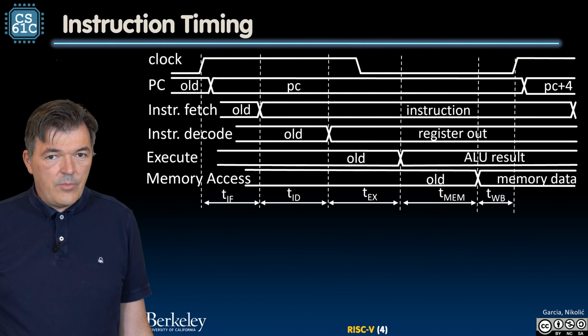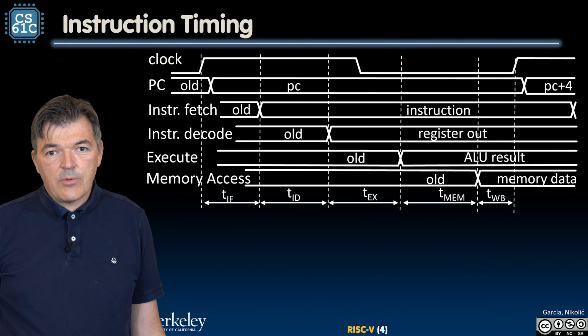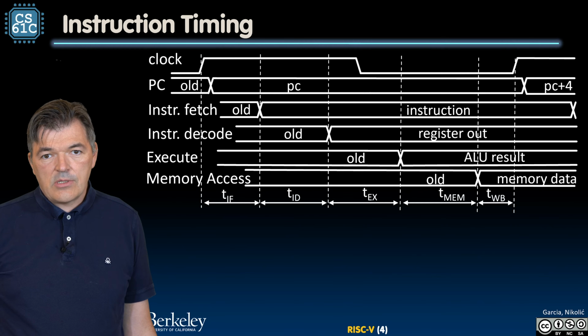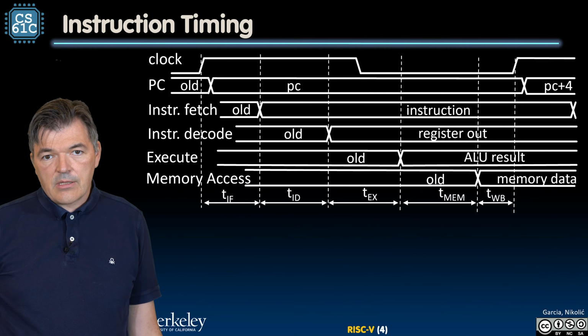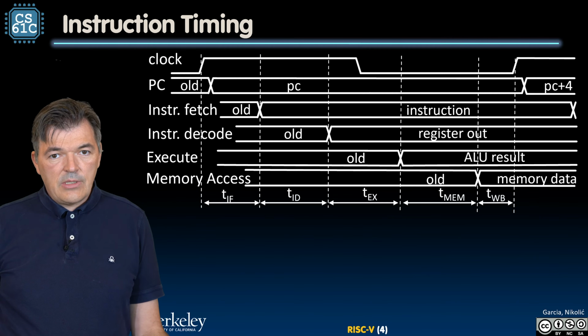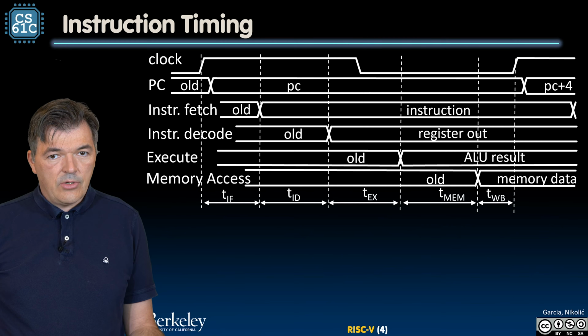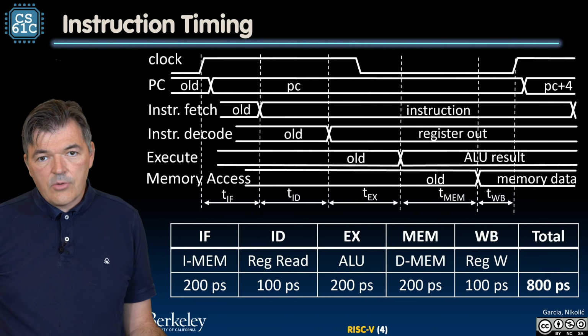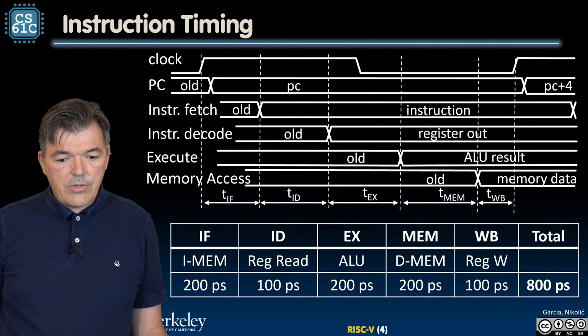We had one measure of performance, which was the minimum cycle time that we needed to execute an instruction in our single cycle RISC-V CPU. And we determined the time by measuring how long it takes to execute each of the 5 phases of execution. Instruction fetch takes 200 picoseconds.